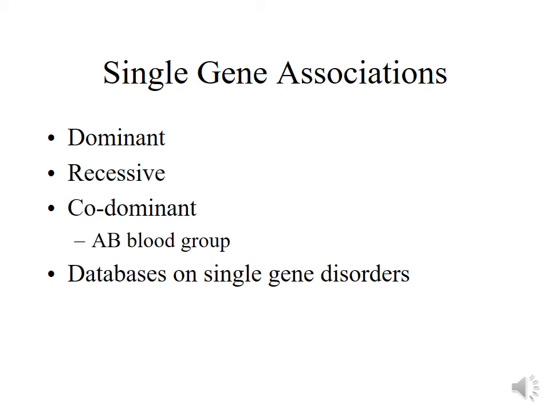For example, if we consider the AB blood group, the AB blood group is the result of codominant expression of the A and B blood group phenotypes that are determined by different alleles at the ABO blood group locus.